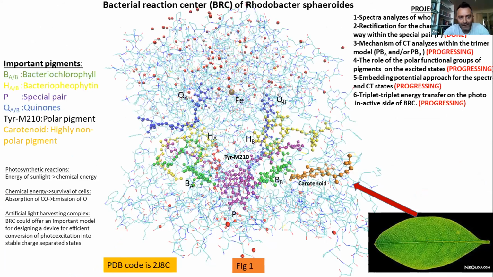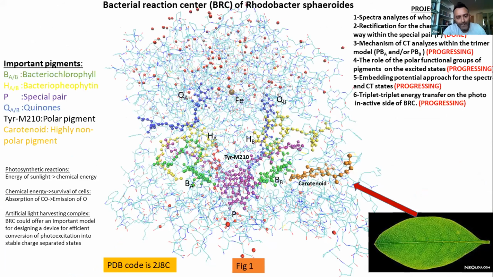Now you are seeing a very large, complex molecular structure, and as we know, this bacterial center consists of very important pigments called chlorophyll, which we might remember from biology lessons.